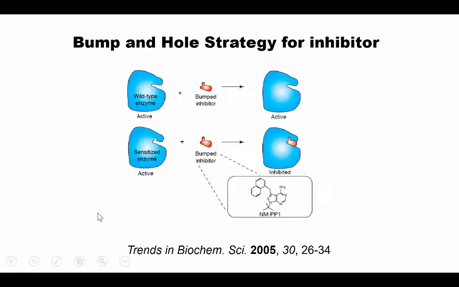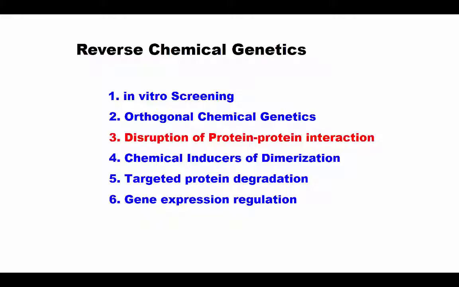Then among many other kinases in the complicated network, you can selectively inhibit only one kinase and check the result. Then you can figure out the function of this kinase from this very complicated network. Quite an amazing technique, isn't it? Now let's move to the next topic.